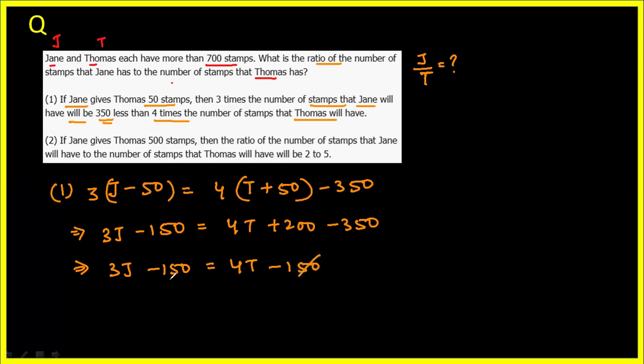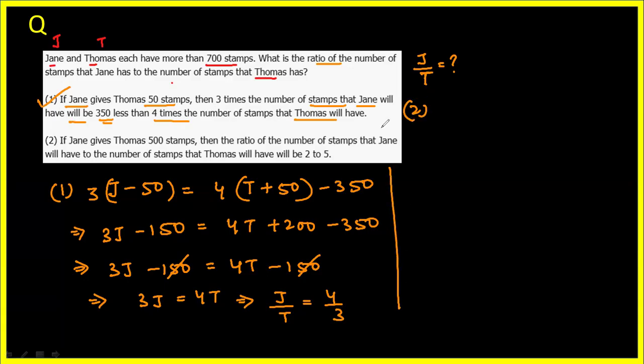This will get cancelled out, 150 gets cancelled out, and 3J is equal to 4T. That means J upon T can be calculated, and J upon T comes out to be 4:3. This was required in the question: what is J ratio T? So the first statement alone is sufficient to answer the question.